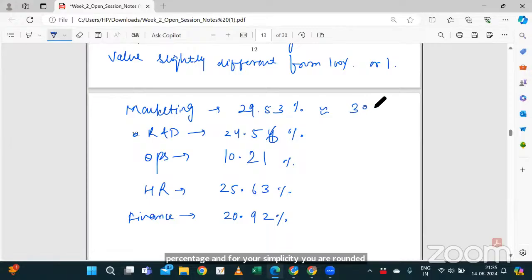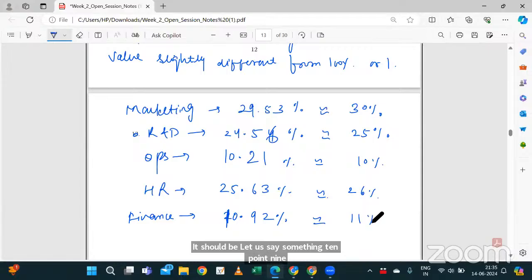Let's say you have done this as 30%, and you have done 25%, and you have done 10%. And this again, let's say you have done as 26%. It should be, let's say, something like 10.9, and then again you have done this as 11%.